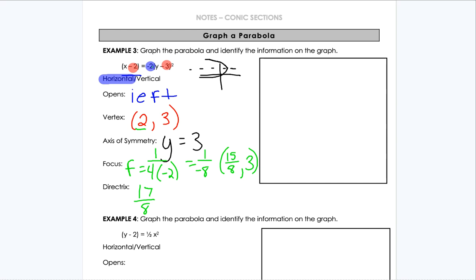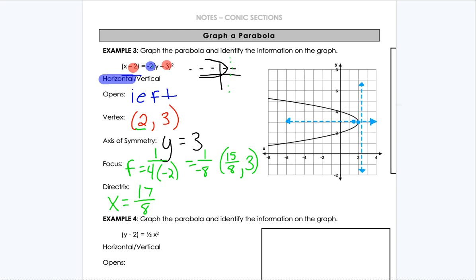And since my directrix goes the opposite direction, I know that it's going to be an x line. When I put all those things together, I get a graph that looks like this. So you plot your vertex, your axis of symmetry, your focus and your directrix, and then make your parabola based off of that.